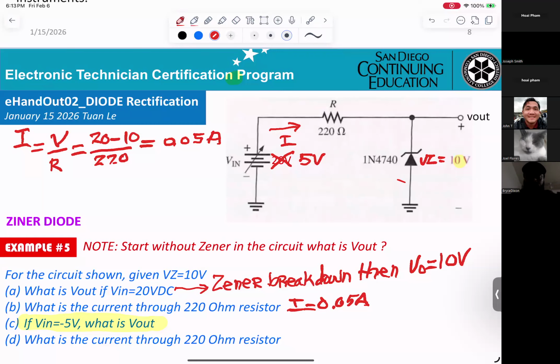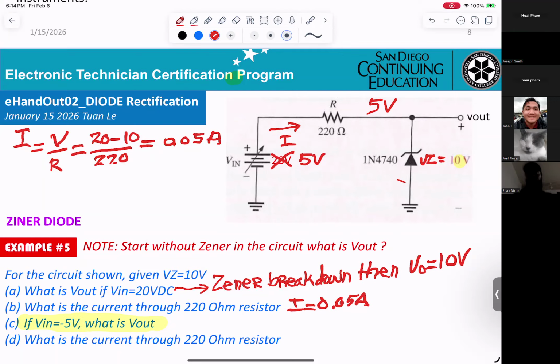First thing, if you don't have a Zener here, no diode here, what V out we get in here? 5 volts? Perfect. Now you get much better. Then you say you're supposed to get 5 volt. Okay? The 5 volt compared with the Zener 10 volt.